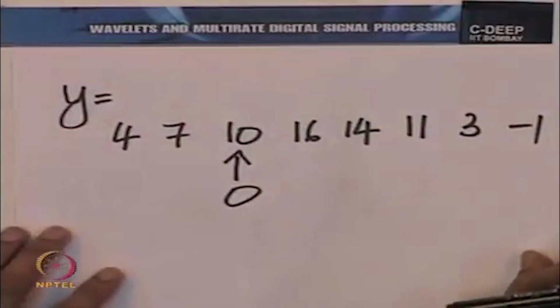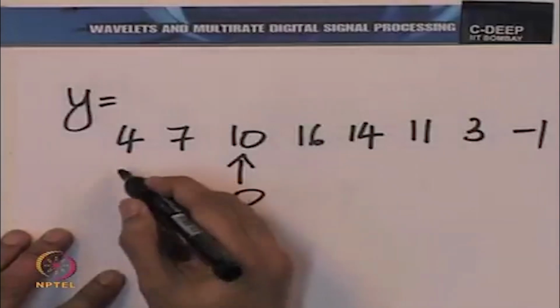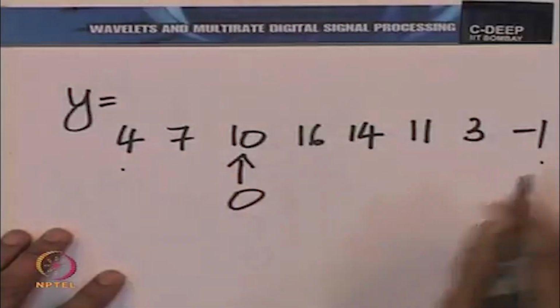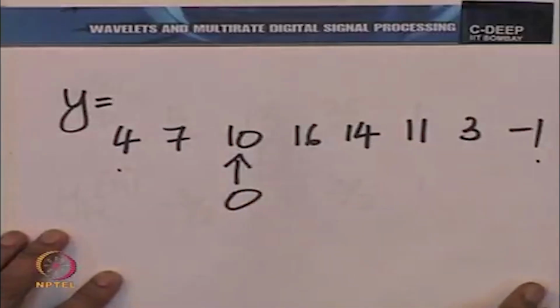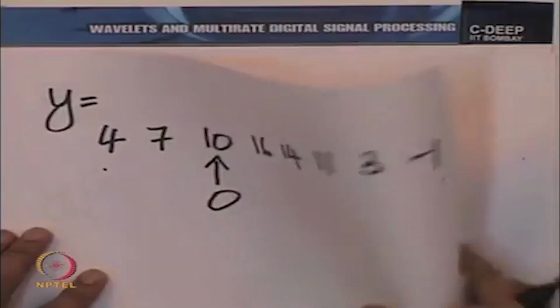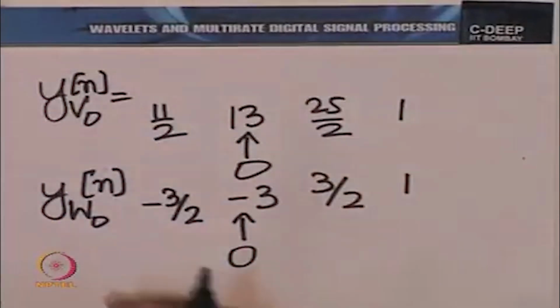You see, if you look at this sequence, it has in the interval from minus 1 to 3, 2 plus 2 plus 2 plus 2, 8 values. And if you look at these two, they have only 4.